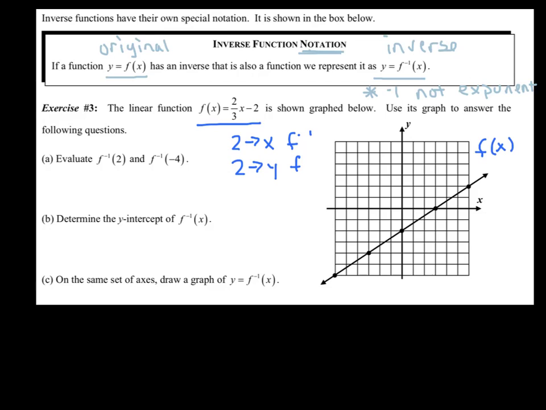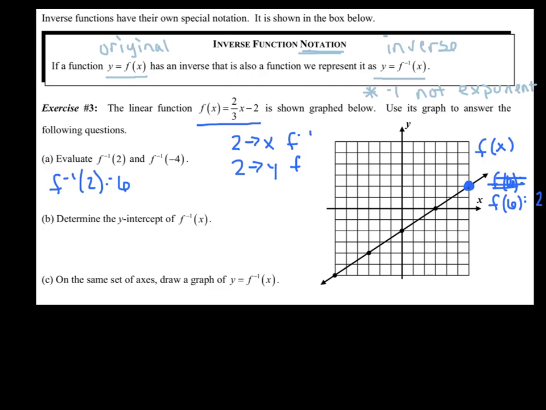So I looked for a y value of 2, which was right here, and that point is telling me that f of 6 equals 2, and since f of 6 equals 2, then that means f inverse of 2 equals 6, just the opposite.